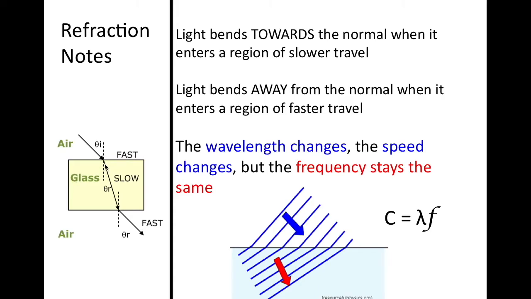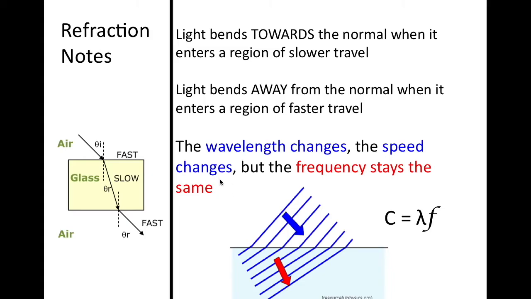As we go through the glass and the ray comes back out into the air, you notice that the ray moves outward from the normal. So light bends away from the normal when it enters a region of faster travel.